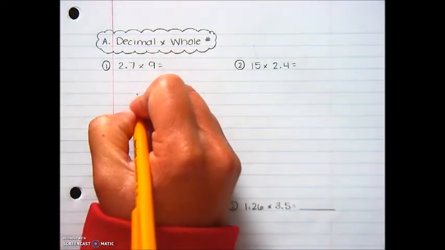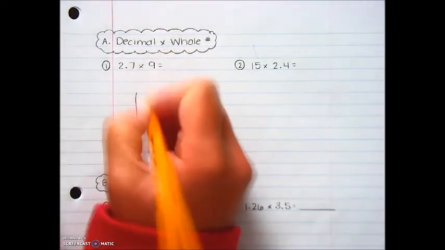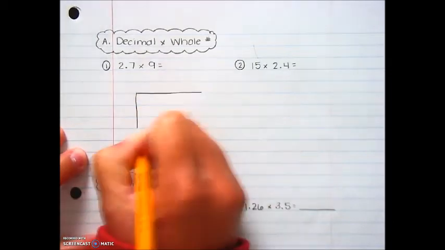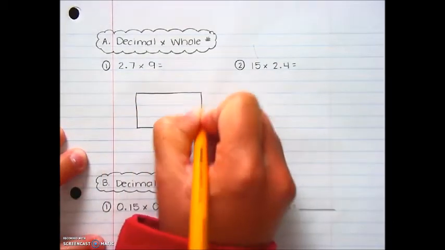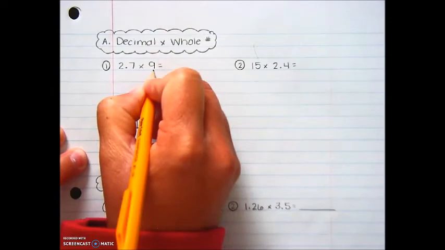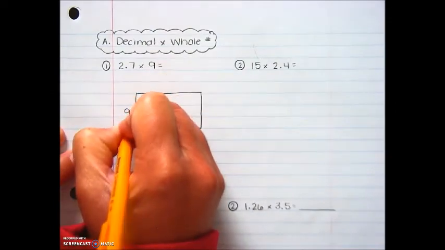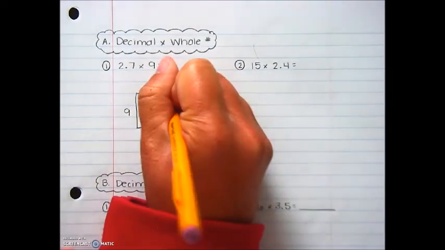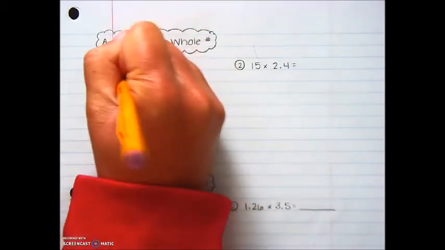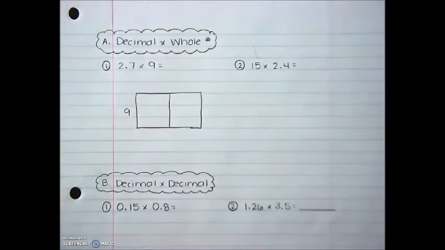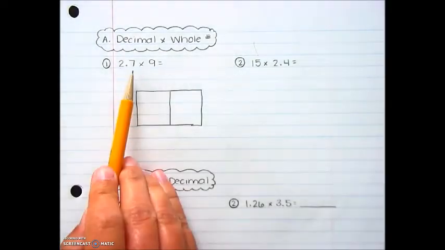So I'm first going to start still with drawing a rectangle in the center of my paper. I'll still use my factor of 9 on the outside. I'll still split this into 2 boxes. But I'm going to pretend like this is the number 27. I don't want to pretend it's 2 and 7/10.